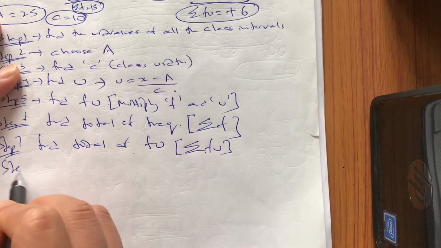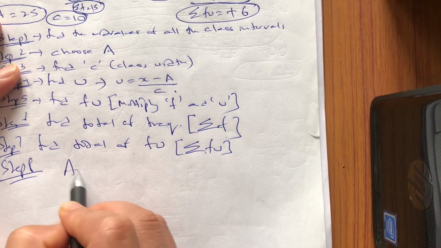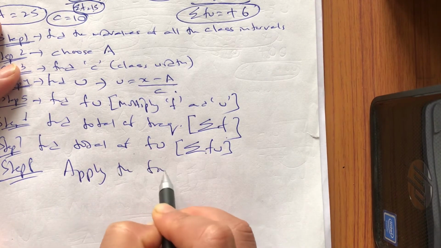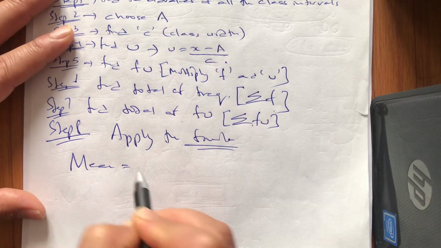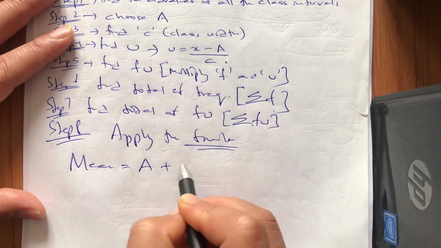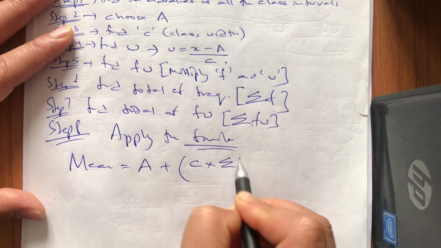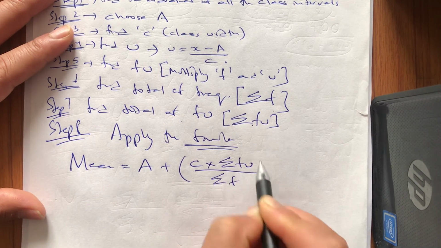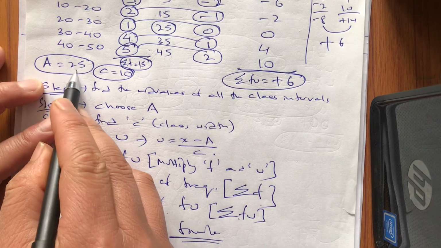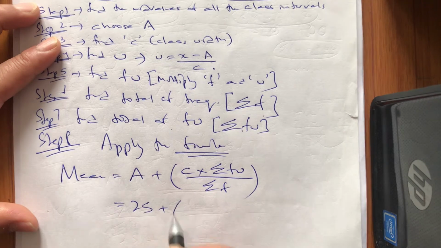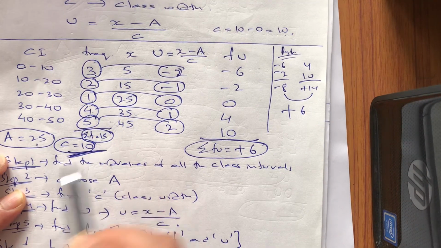Now step 8, what you do is apply the formula. The formula to get your mean using step deviation was a plus c into sigma fu divided by sigma f. a is equal to 25 as per this, plus c, we've already found it to be 10.